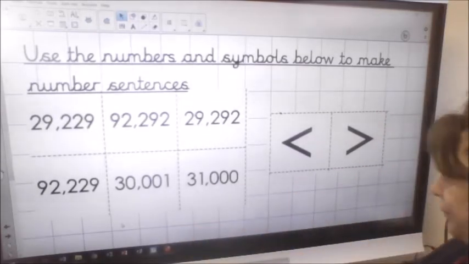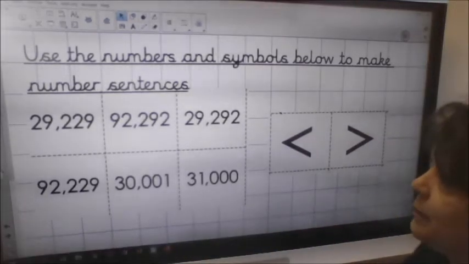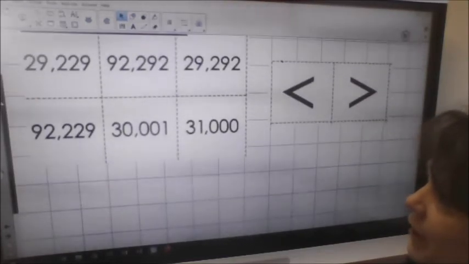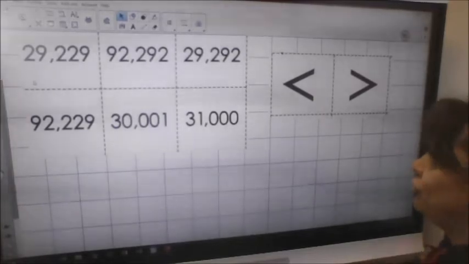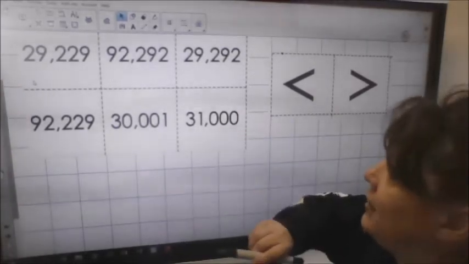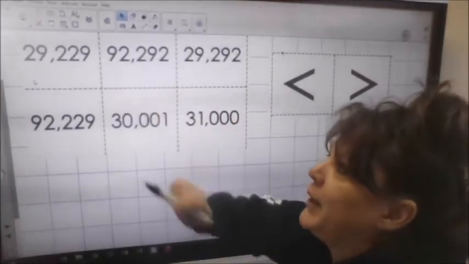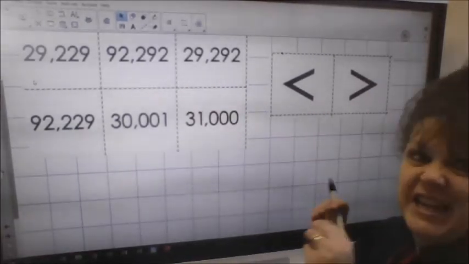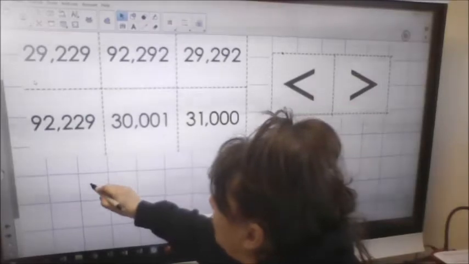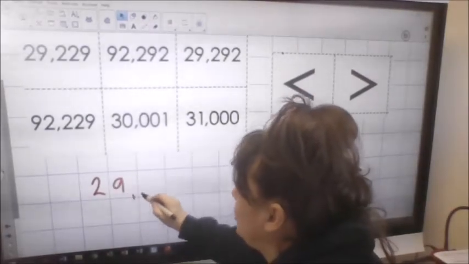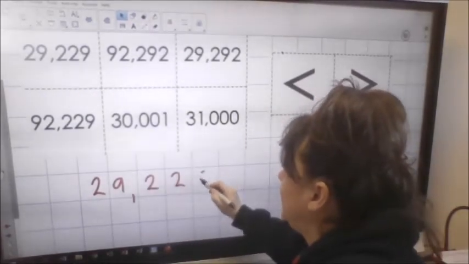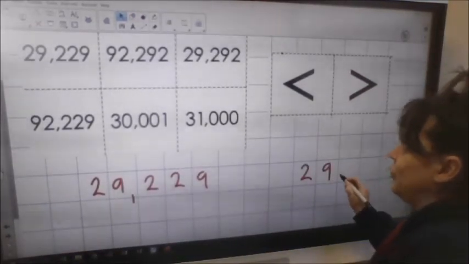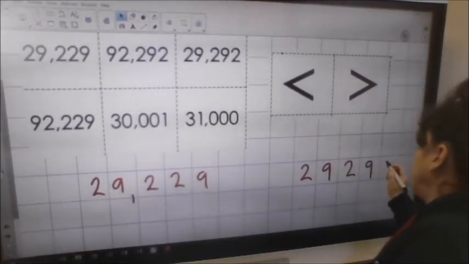So for example, if I scroll down a little bit, okay. Remember, crocodile always eats the larger number. So let's have 29,229 and 29,292. So I've got 29,229. Over here, I've got 29,292.